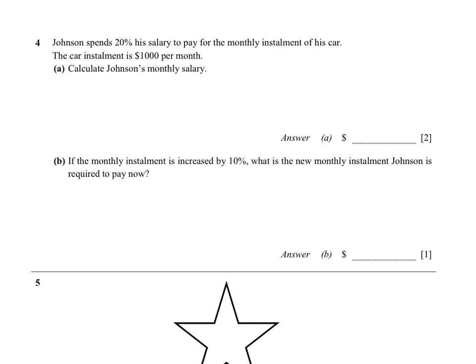Okay, so this is to calculate the monthly salary of Johnson. So it already stated here that he spent 20% of his salary on the installment of his car, and the installment of the car is $1,000 per month. Okay, so what we're going to do right now is to calculate the monthly salary.